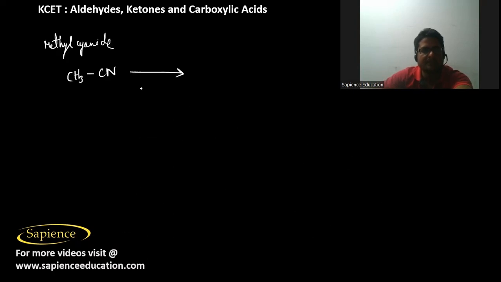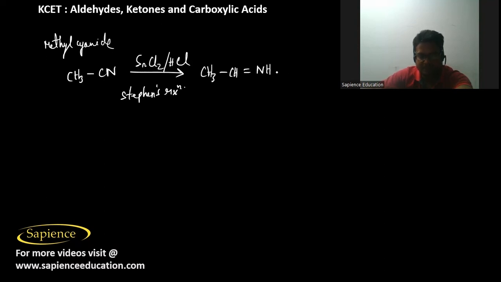That will react in the presence of SnCl2 with HCl, which is called the Stephen reaction, to form CH3CH=NH2Cl, and then when it is hydrolyzed, it will form CH3CHO and NH4Cl.